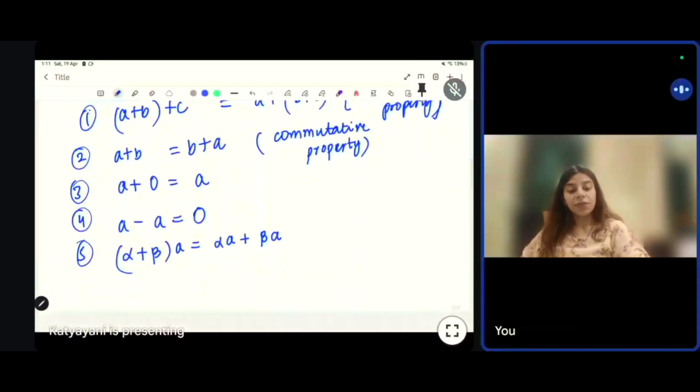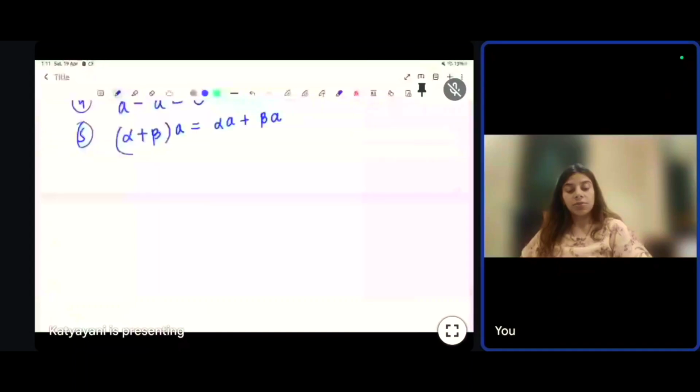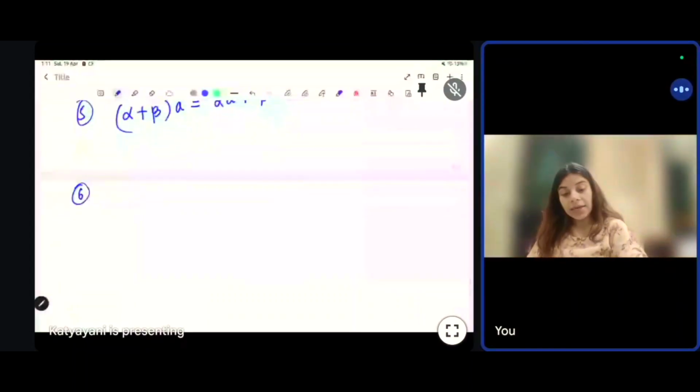That is the fifth rule of addition and multiplication by scalars in vectors. The sixth rule says that if I have two vectors a and b and I add them and then multiply with alpha, or if I multiply each of the vectors with alpha and then add them, I will get the same result, right?